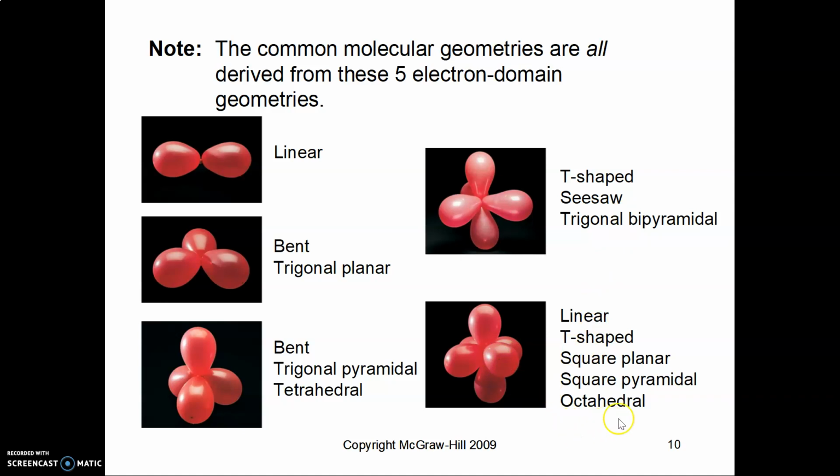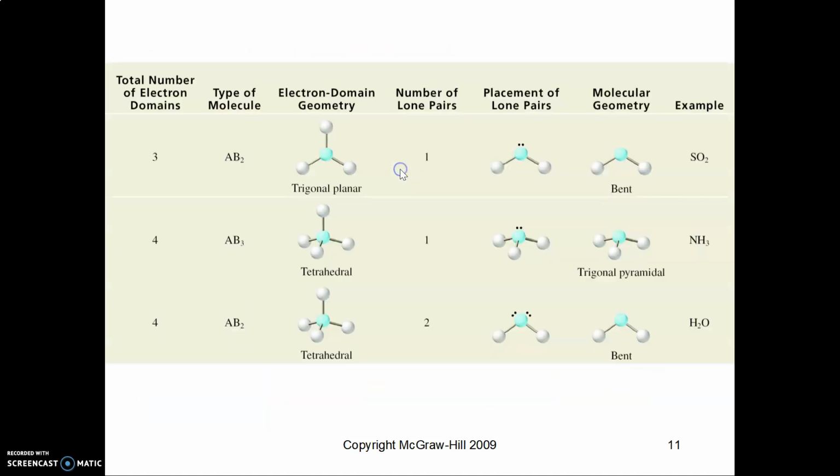You see we get to octahedral, and we have 1, 2, 3, 4, 5 options. So there's 14 options total. I am not going to make you memorize 14. If school ever reopens and we have a quiz or a test, I will tell you you are not going to have to know 14. There's only a couple that I want you to focus on.